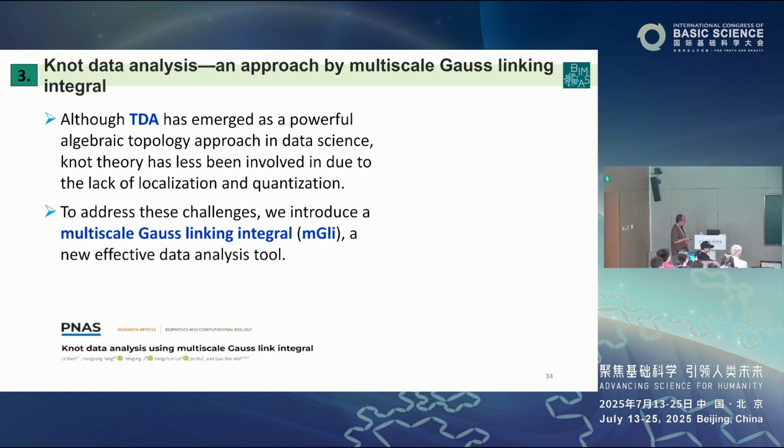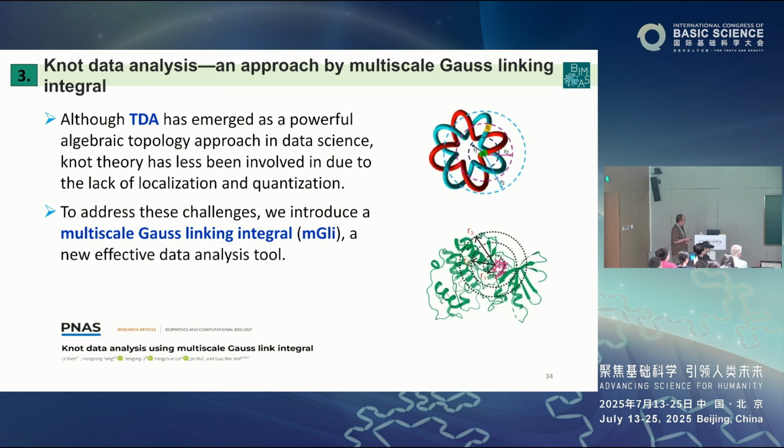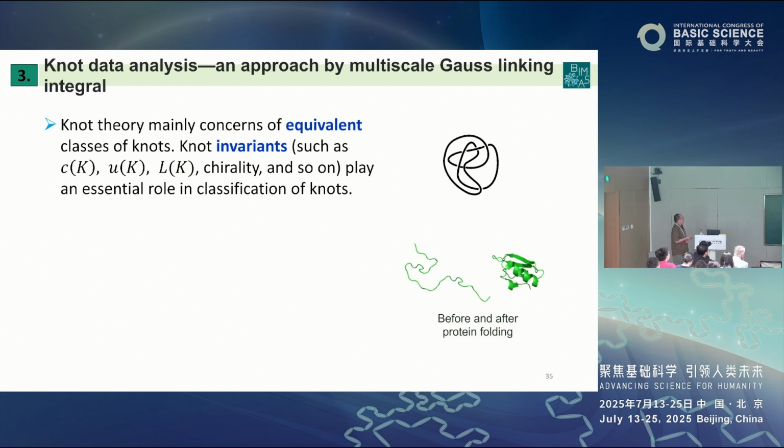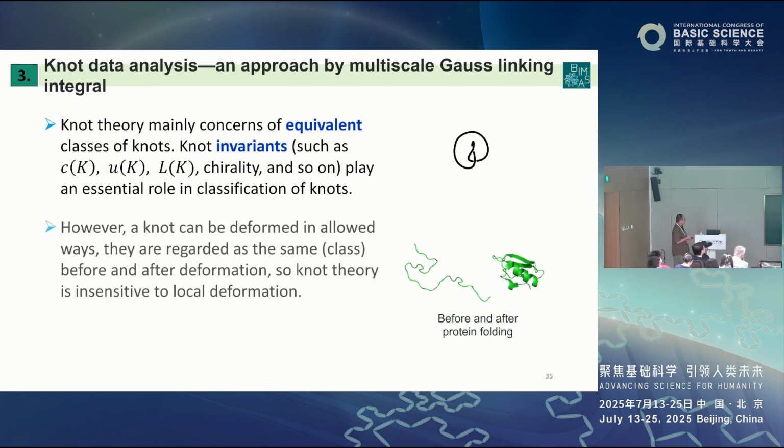So next we introduce briefly the GMLI. Knot theory mainly concerns the equivalence classes of knots. Knot invariants play an essential role in the classification of knots.